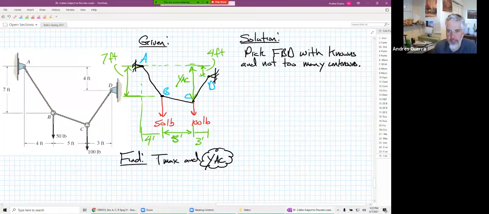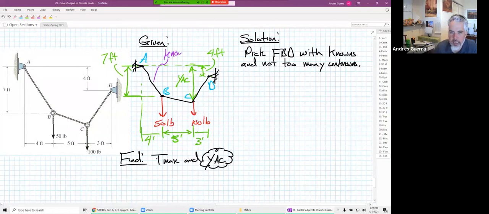Well, let's start with joints. What if we did an FBD at joint B? One of the things to pay attention to in cables is whether or not we know the slope of the cable. In this one, we only have one that has a known slope.